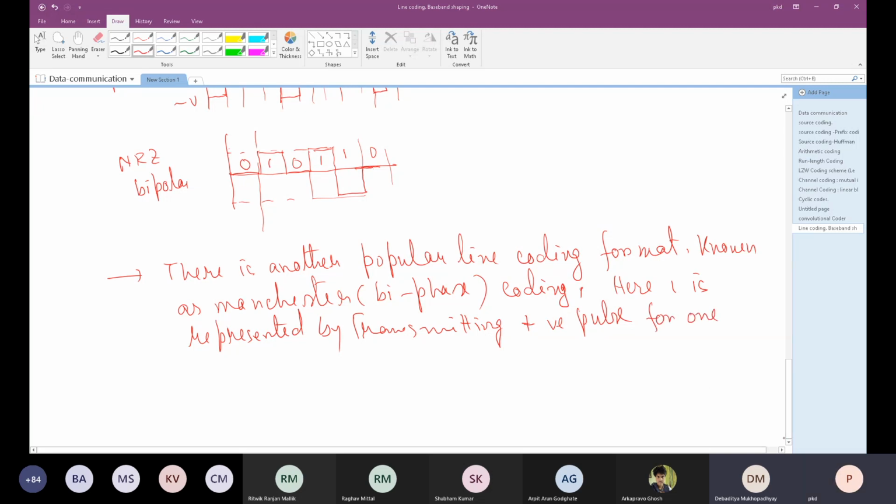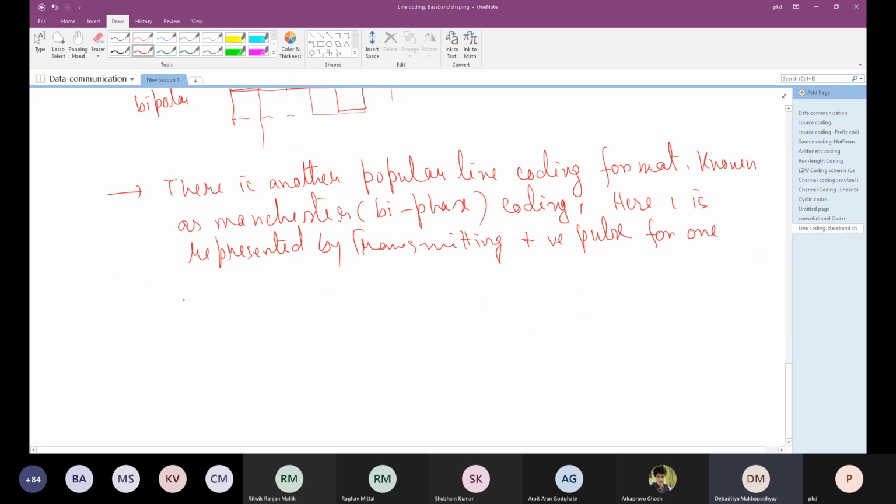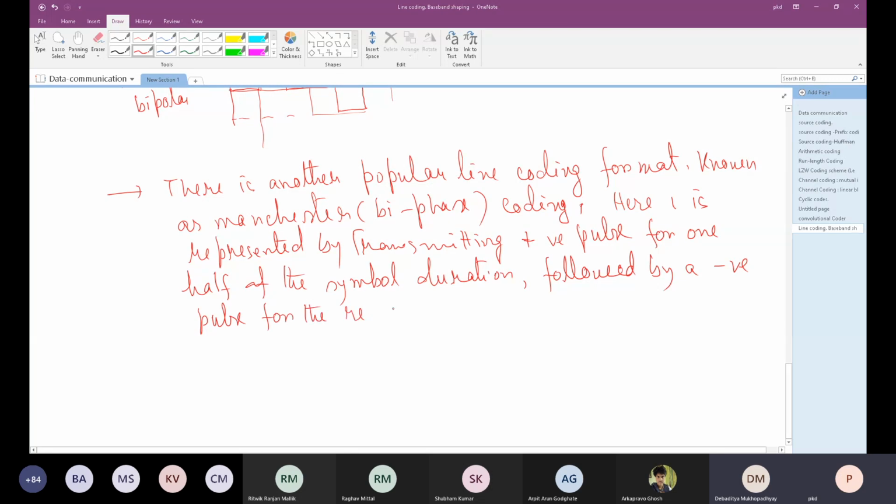Again, here also we have to run the clock at twice the data rate, to mark that half width for half of the symbol duration, followed by a negative pulse for the remaining half duration.